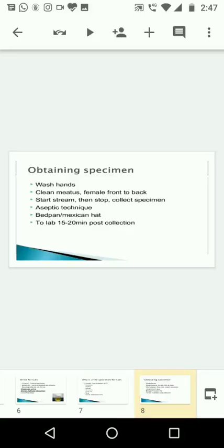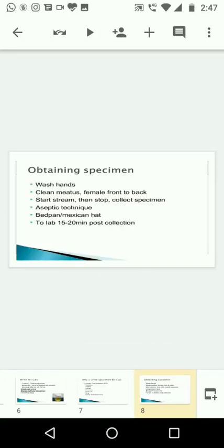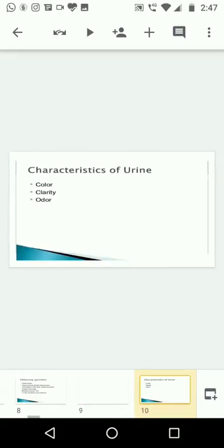And you should follow aseptic technique while doing this procedure. After collecting the specimen, send it within 15 to 20 minutes to the lab. You should check the characteristics of the specimen: color, clarity, and odor, if any is present.